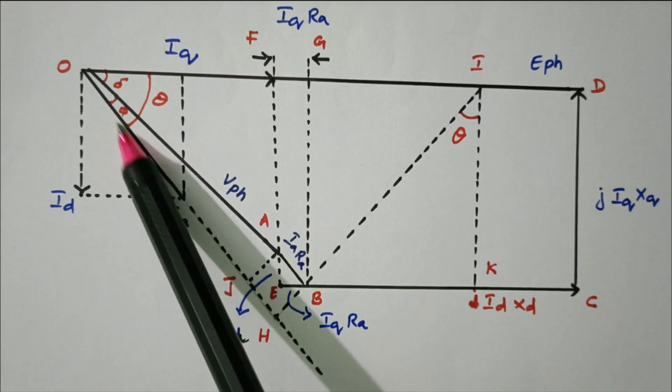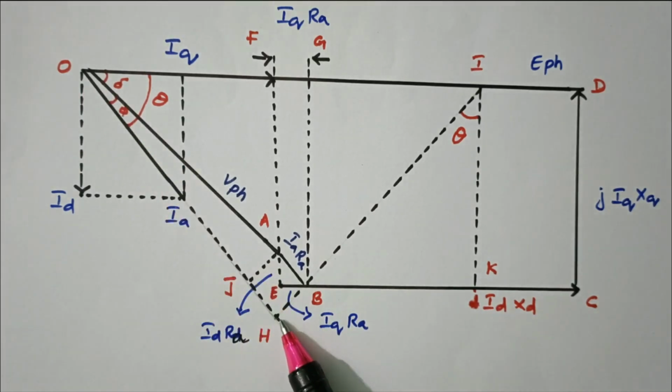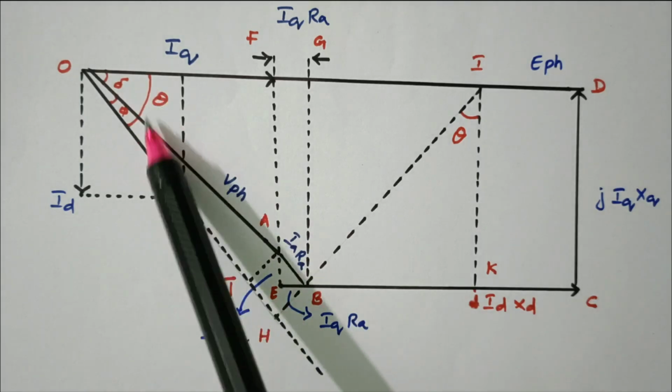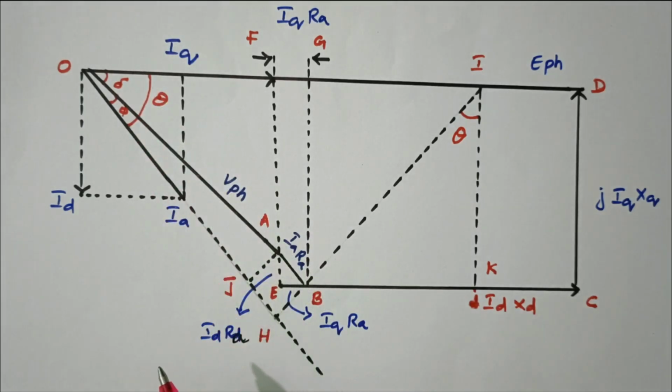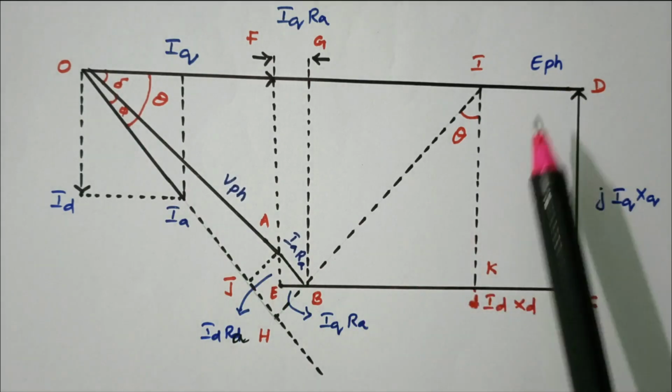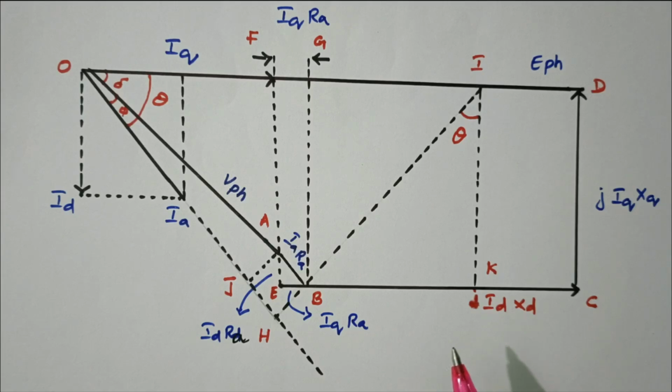This OH value is calculated using this triangle OAJ. So from that finally we can find the theta value. From the theta value we are able to find the E phase, the resultant EMF. Once the resultant EMF is calculated, we are able to find the voltage regulation.